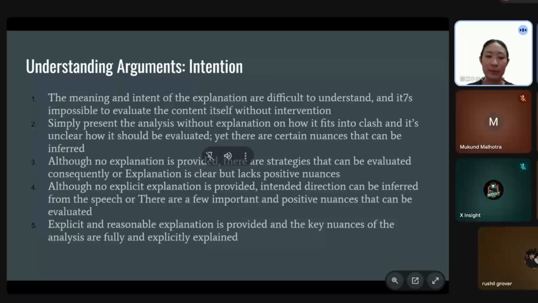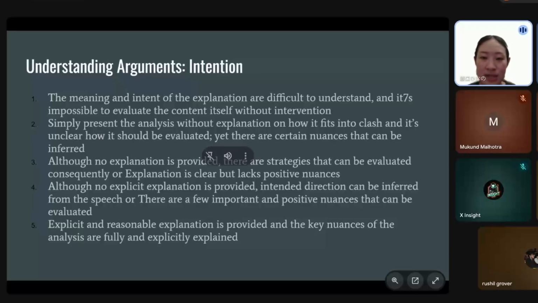This type of explanation makes it difficult for judges to explicitly acknowledge the intention, but there is still some positive nuance that they want to present an argument. So this is the third level.